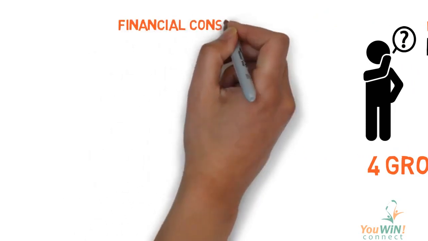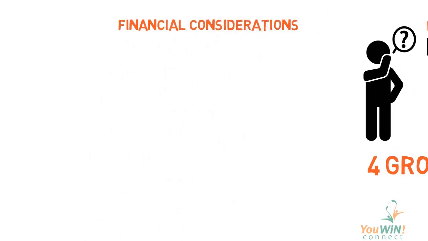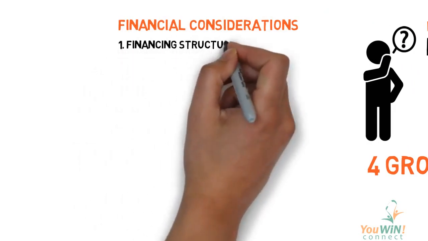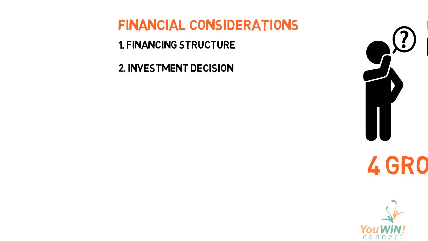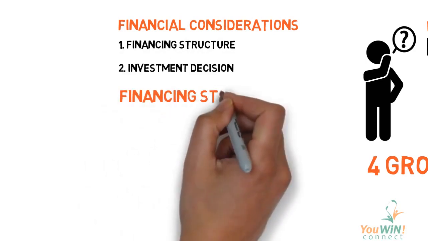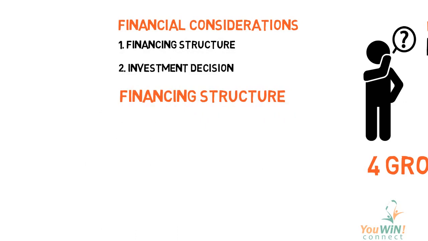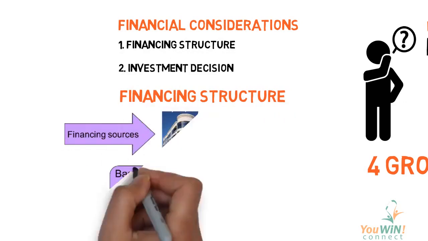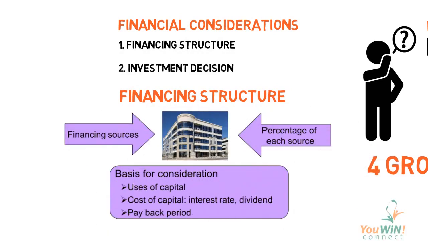In terms of financial considerations, two things are very, very critical. First is the financing structure, and two is your investment decision. So let's look at financing structure first. In terms of financing structure, there are two things that are also very, very important.